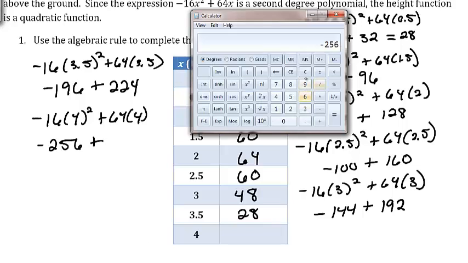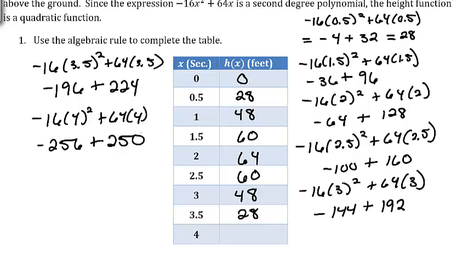Plus 64 times 4 gives you 256. And so that is 0. All right, so there is our filled-in table.